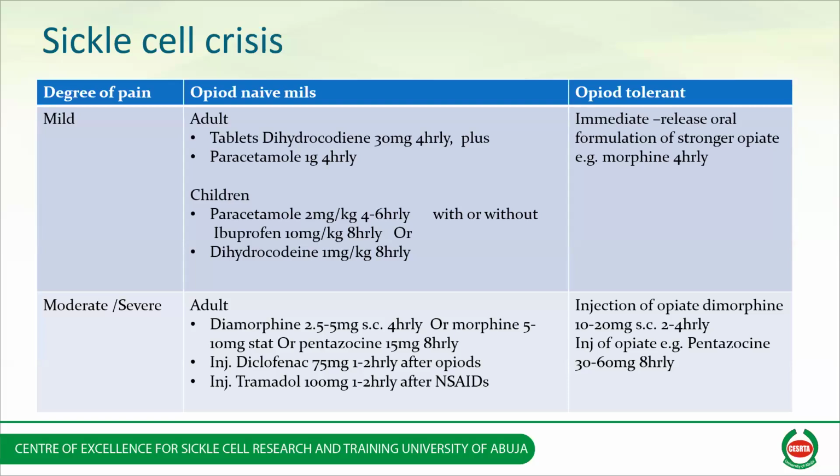For patients who are opiate tolerant, we can use injection of opiates, diamorphine 10 to 20 milligrams subcut 2 to 4 hourly, and injection of opiates, e.g. pentazocine 30 to 60 milligrams 8 hourly.